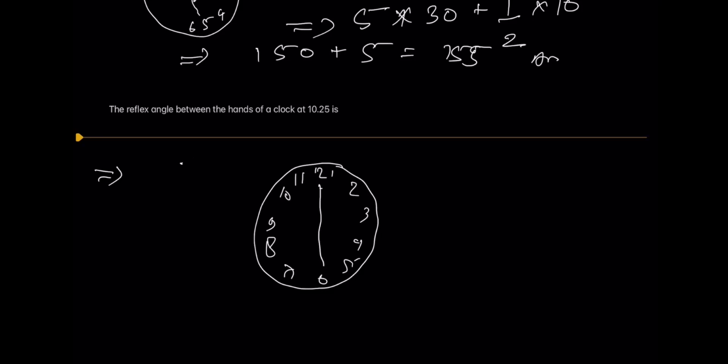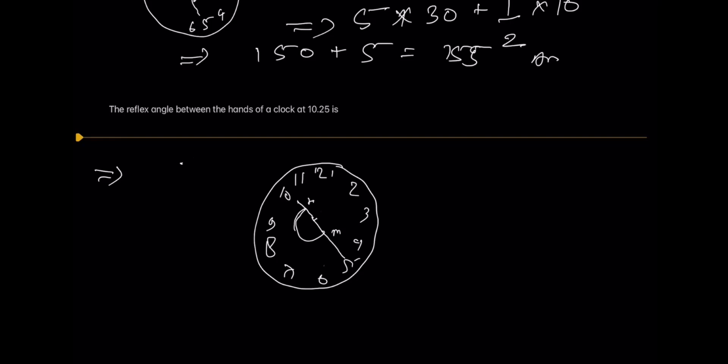The reflex angle you want to know at 10 and 25. The hour needle is here and the minute needle is here. This is the hour, this is the minute, and we want to calculate the reflex, this angle.